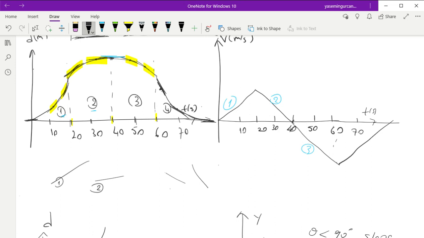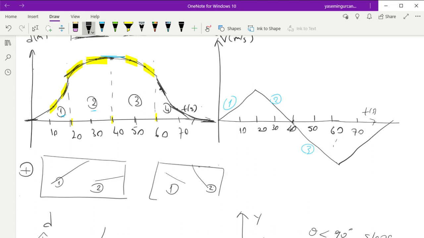In this one, the first one has a smaller angle, so it's not steeper. The second one is steeper, so the slope in the second one is bigger. These two are positive slopes. These two here are negative slopes.